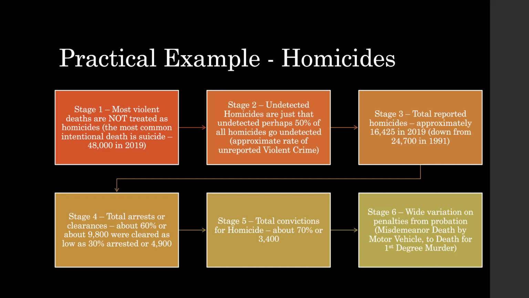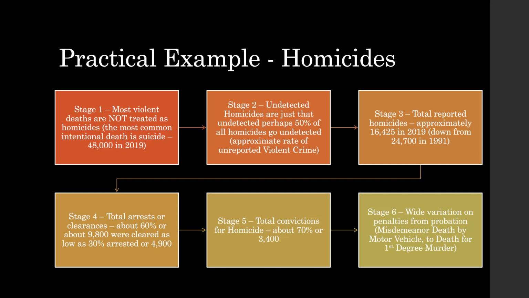So let's look at the total reported homicides. In 2019, if we compare, there were about 16,000 homicides versus almost 25,000 homicides in 1991. So again, a significant drop. Then we have to look at arrests or clearances. About 60% are arrested, right? And this can vary with crime. Then we look at convictions.